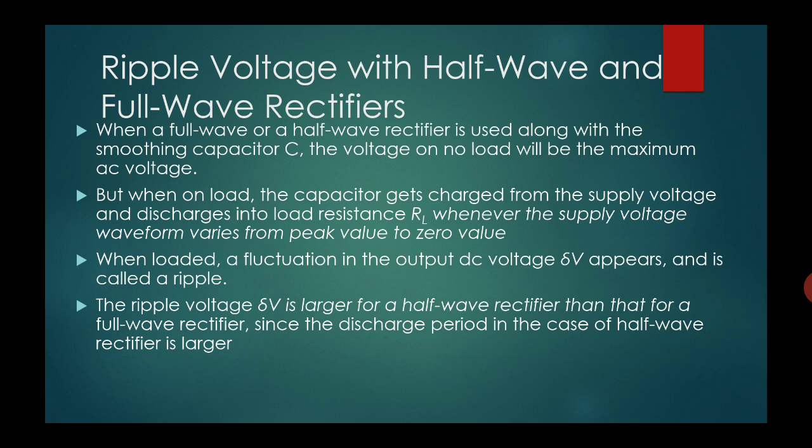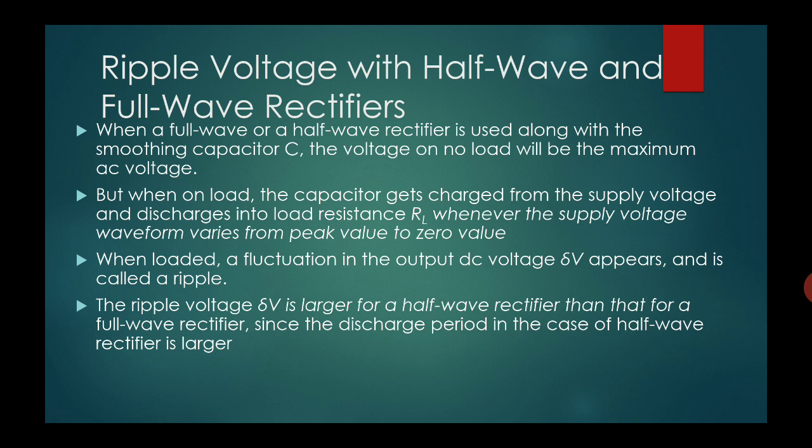So when a full wave or half wave rectifier is used along with this smoothing capacitor C, the voltage at no load will be the maximum AC voltage. So when, let's say, a 230 volt AC system is applied to the rectifier with a smoothing capacitor C, connected to no load, what is the voltage seen on the output side? It would be 230 volt only.